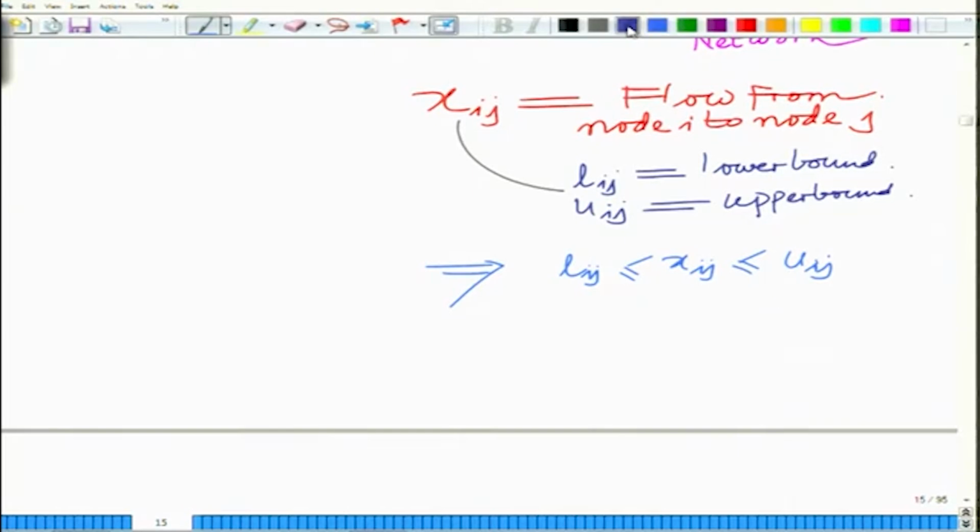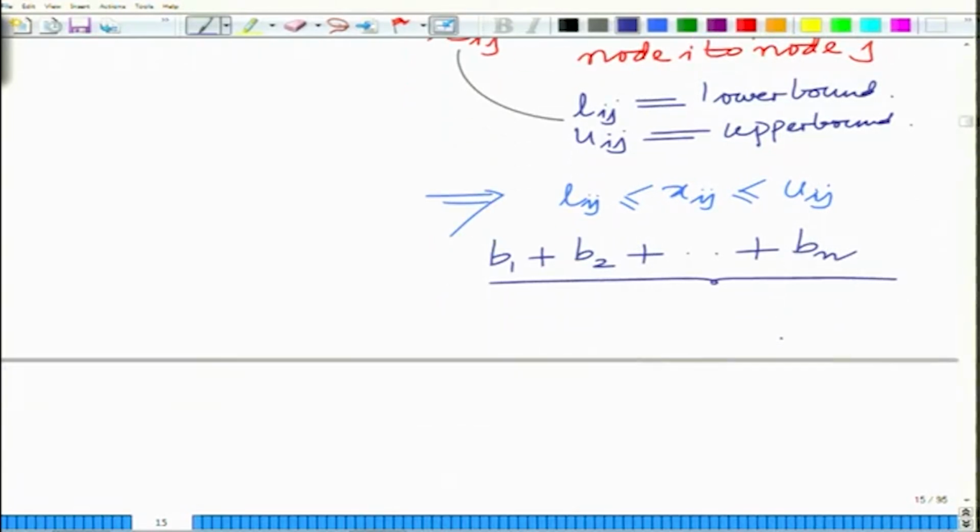And we will enforce another condition: if you look at the total external flow, B1 plus B2 and so on for all nodes, the total external supply, or you can think of this as the net external supply, equals 0, which implies that total external supply equals total external demand.